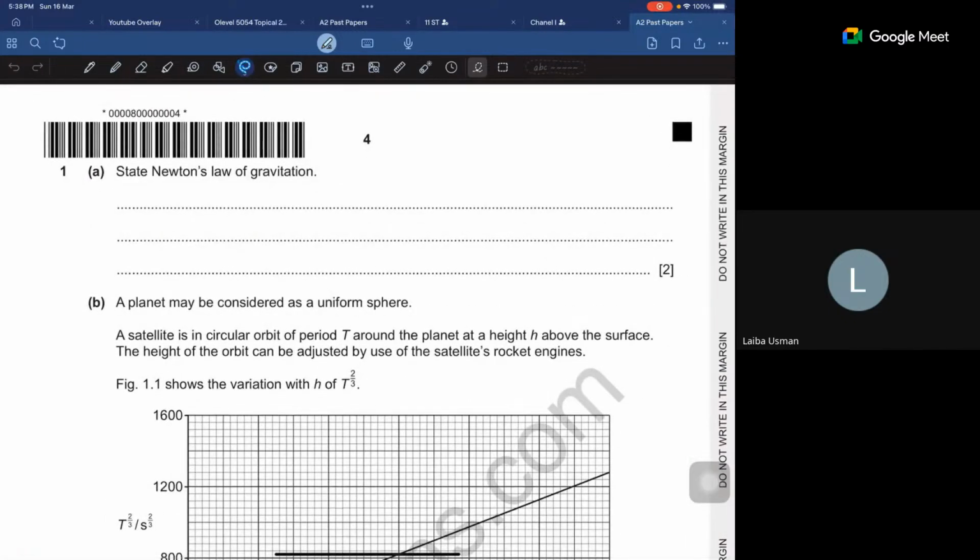in the first one, it says state Newton's law of gravitation for 2 marks. I'm just going to segregate it into 2 parts.